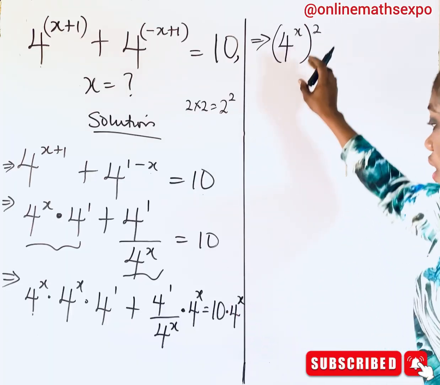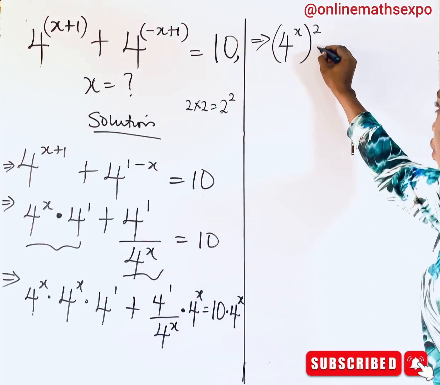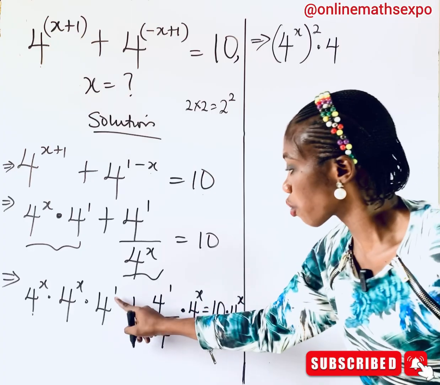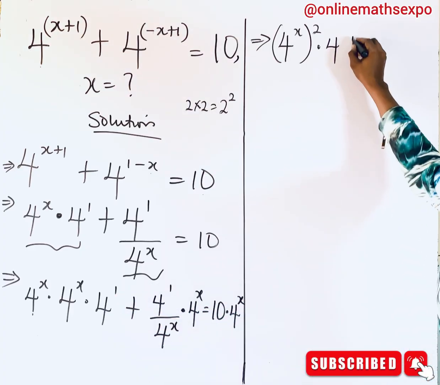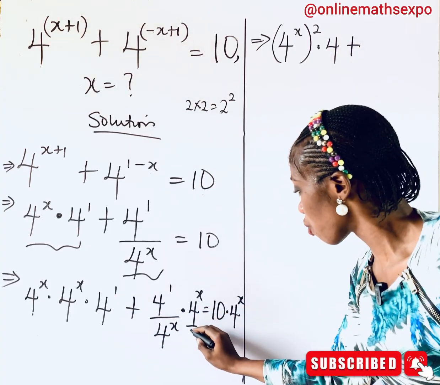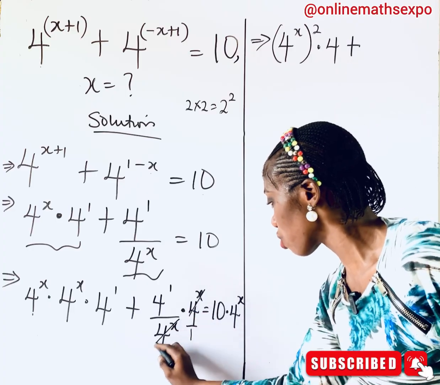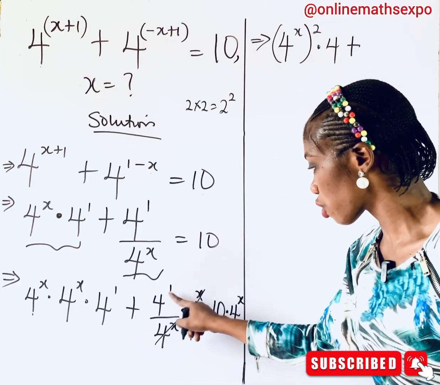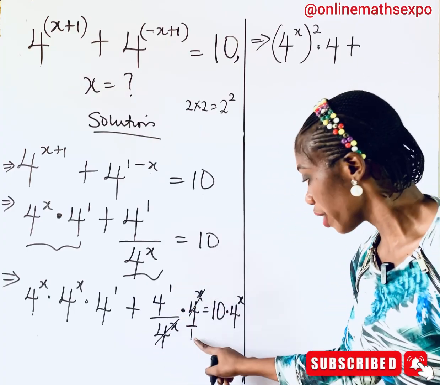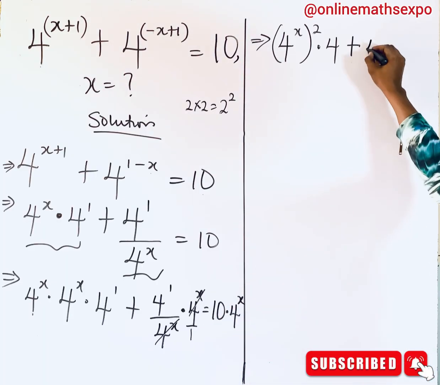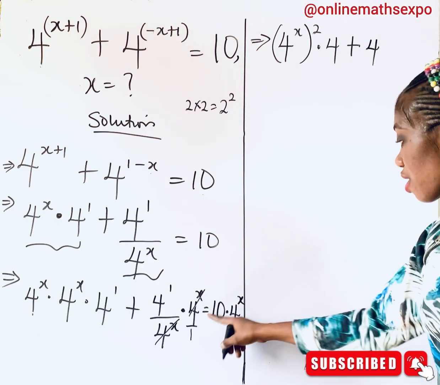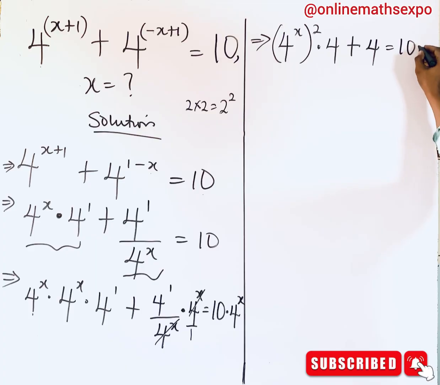So in that case, now we have multiplied by 4, and 4 raised to power 1 is 4. So plus, you see that this is over 1, so this can cancel this, they are the same. And 4 raised to power 1, which is 4, when divided by 1, still gives you 4. Did you see it? Is equal to 10 multiply 4 to the power of x.